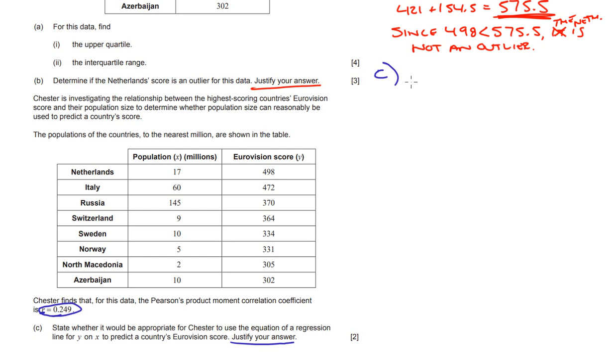So it's really state whether it's appropriate. So we would say no. And I would go with maybe the little r value suggests too weak of a correlation.